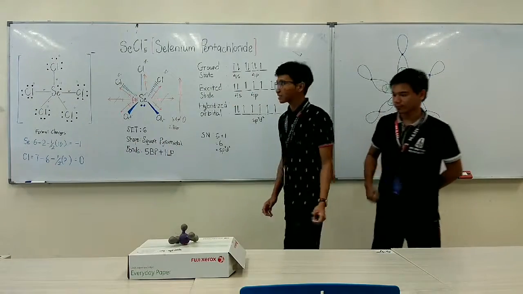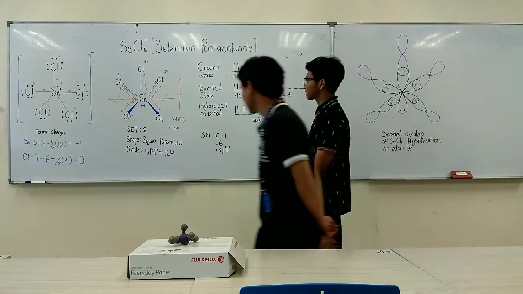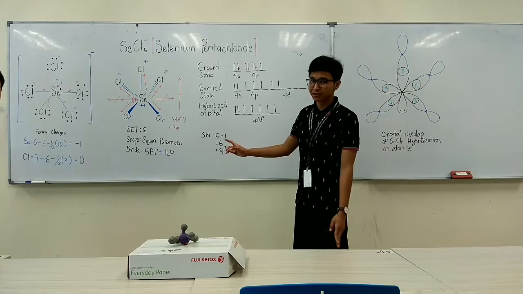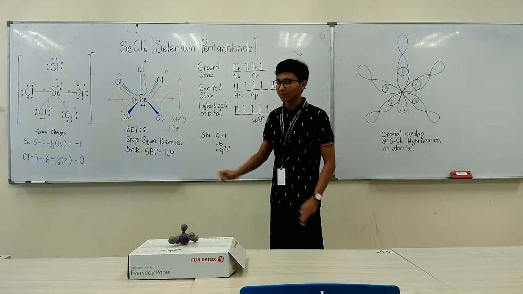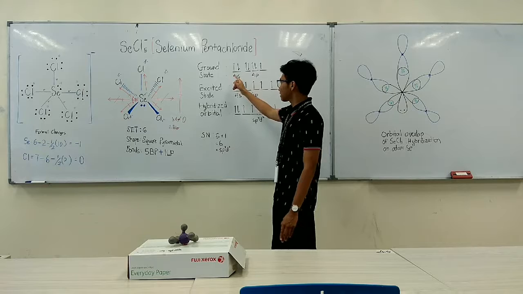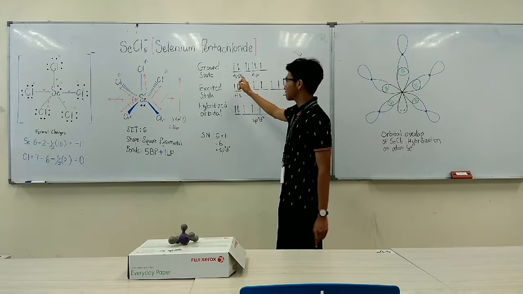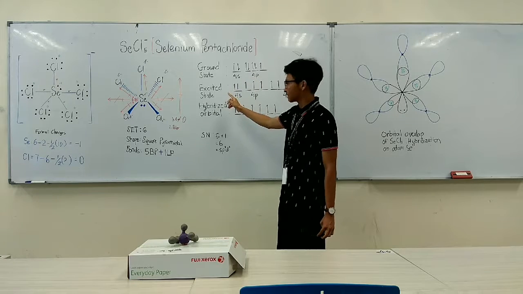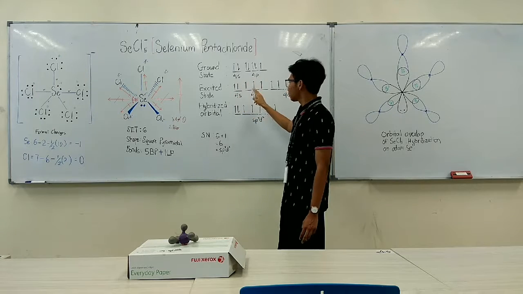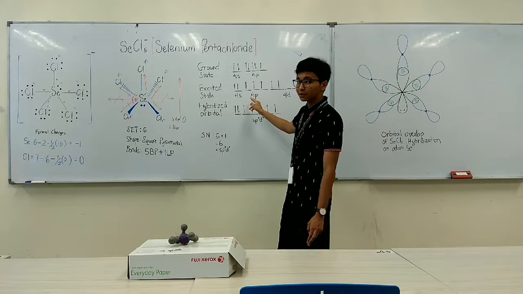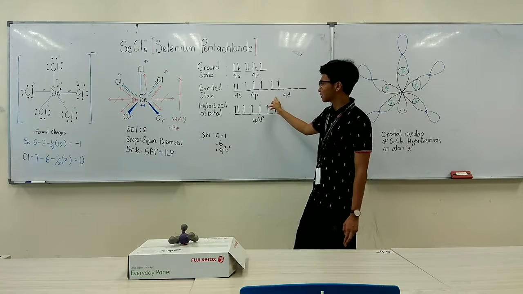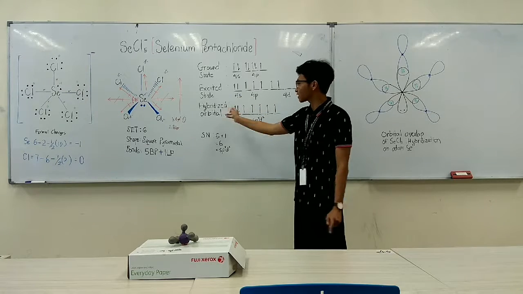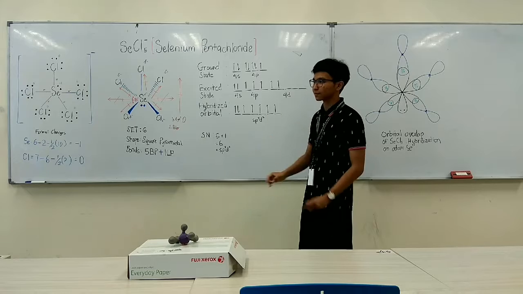And now I'll talk about the hybridization of SeCl5-. To determine the type of hybridization, first we have to look at the central atom. In this case, it is Se. We look at the ground state partial orbital diagram of Se, which is 4s2 4p5. And then we look at the excited state. In this state, 2 electrons from the 4p orbital are promoted to the 4d orbitals, and the energy levels between all the orbitals become the same, which results in the hybridized orbital of sp3d2.